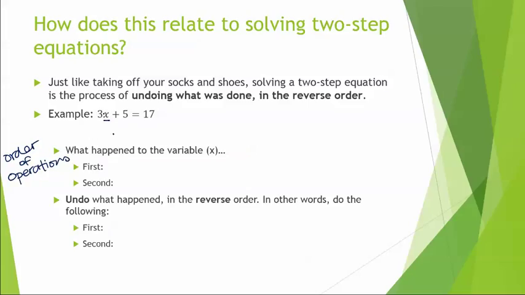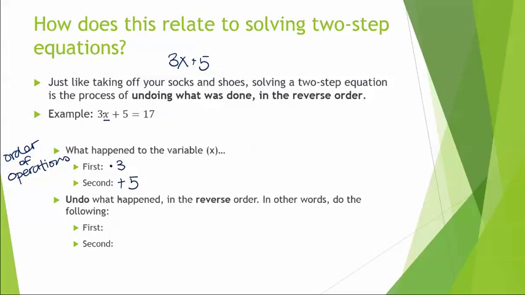First, it's being multiplied by 3. Remember, if you see a 3x, that means 3 times x. And the other thing that's happening is you're adding 5. Which happens first? Well, according to the order of operations, the multiplication would happen first. So where it says first here, I'm going to put times 3. The second thing is we added 5.